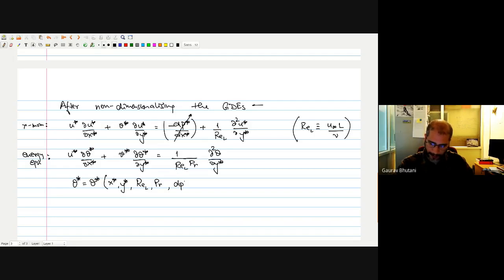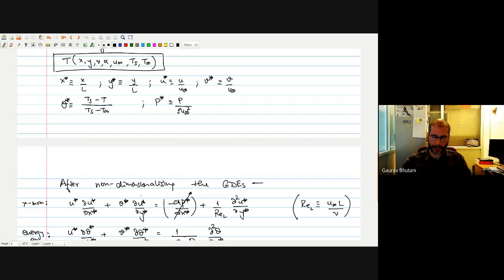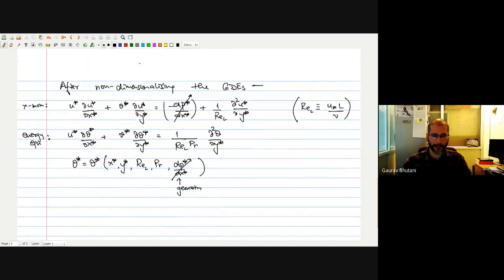Now we again have dp star by dx star, which brings in the effect of geometry. But in our flat plate situation, this term is not there. So you can see that we have drastically reduced the number of independent variables in the functional form from 1, 2, 3, 4, 5, 6, 7, and now we only have 4.